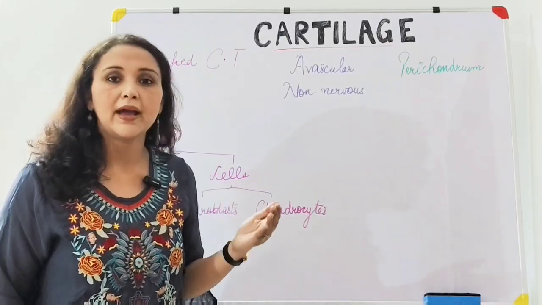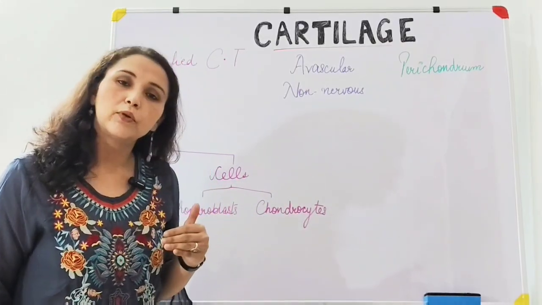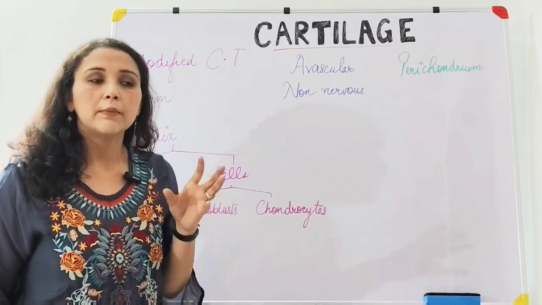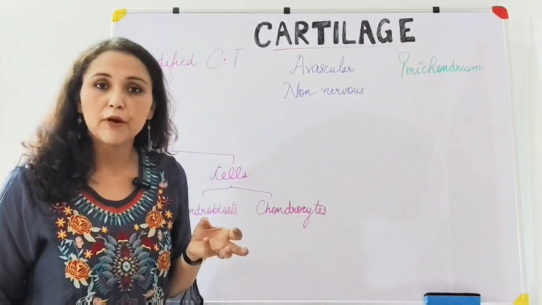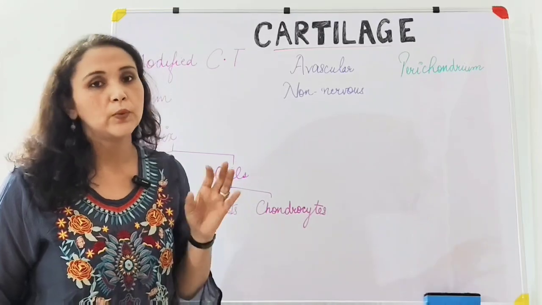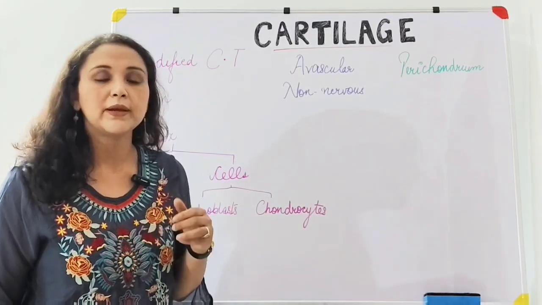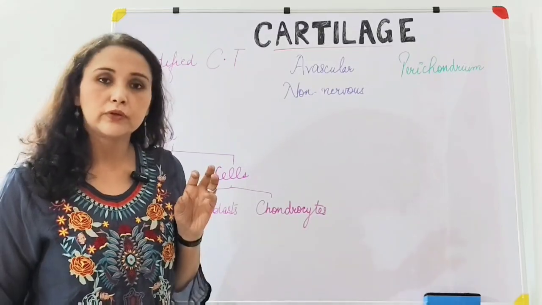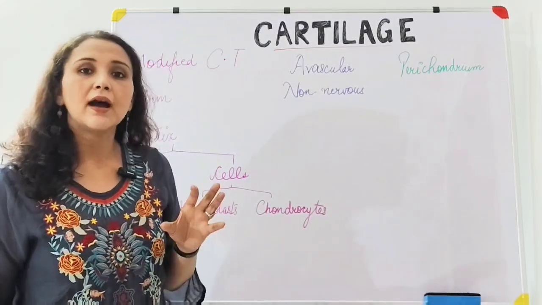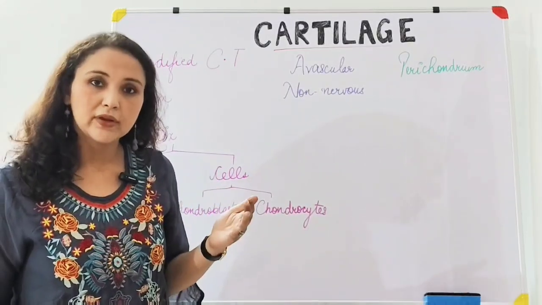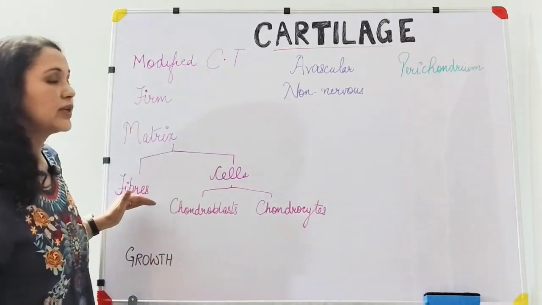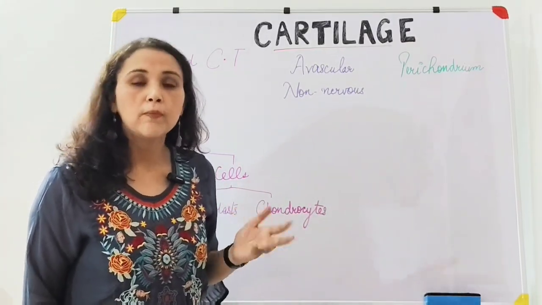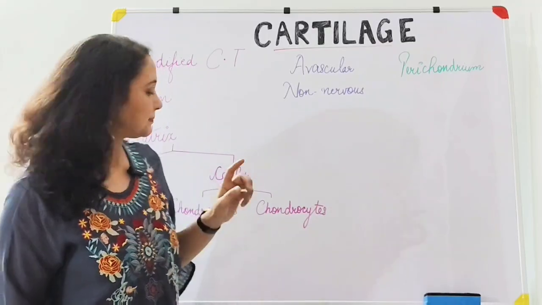For example, hyaline cartilage, fibrocartilage, and elastic cartilage. So the amount and type of fibers which are predominant varies in each type of cartilage. We'll be discussing that in the next video. Till now, you should know that in a cartilage, there is a gel-like matrix in which we have collagen fibers type 1, collagen fibers type 2, and the elastic fibers.